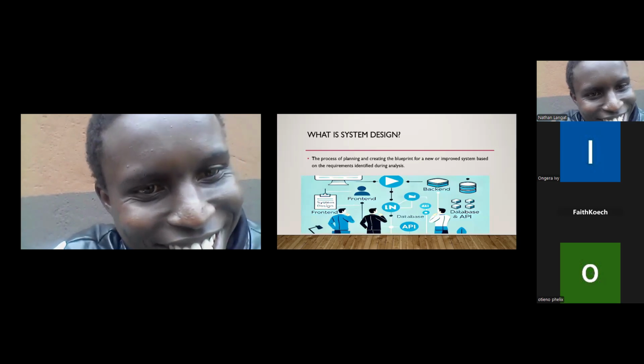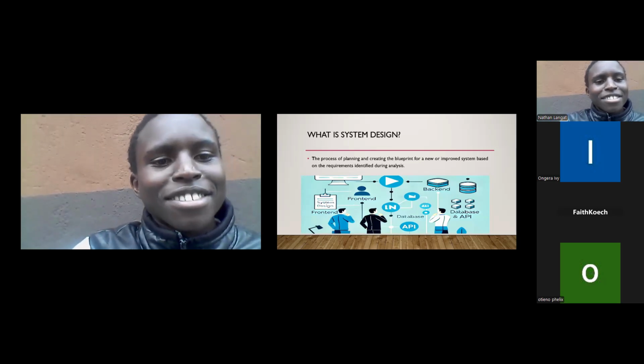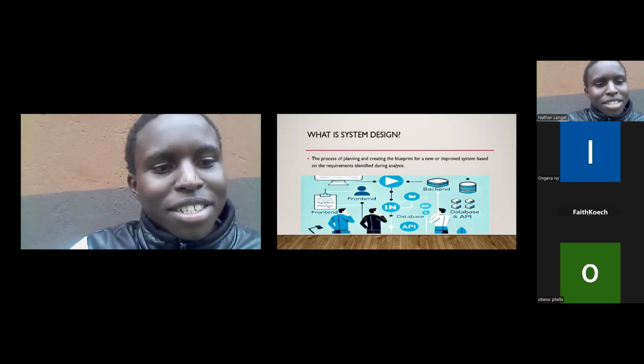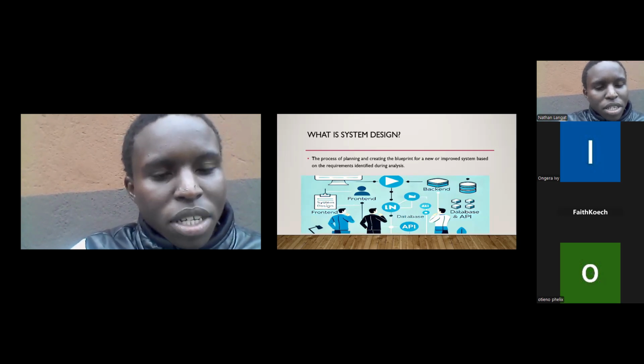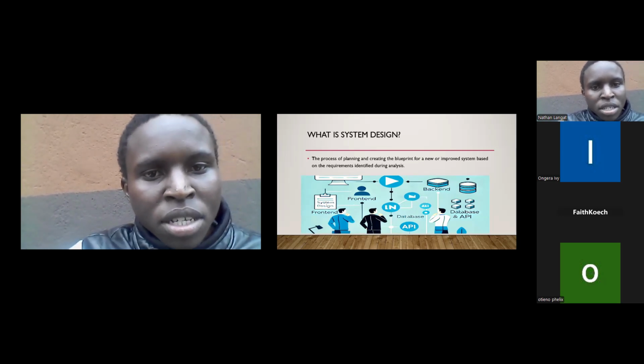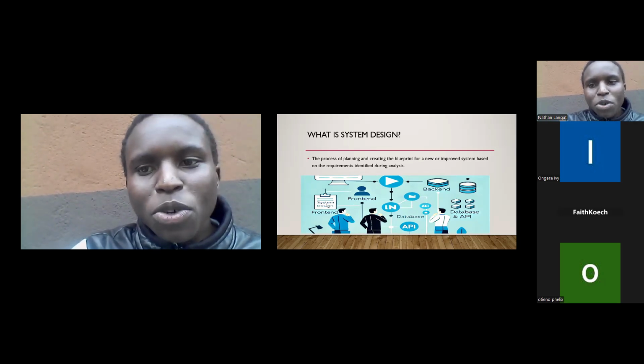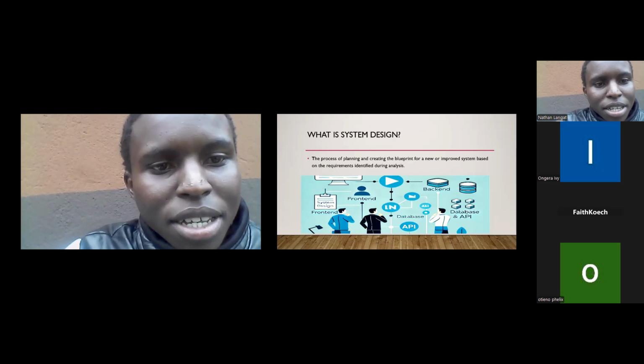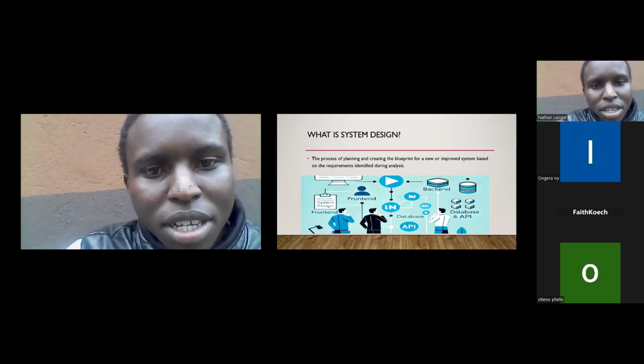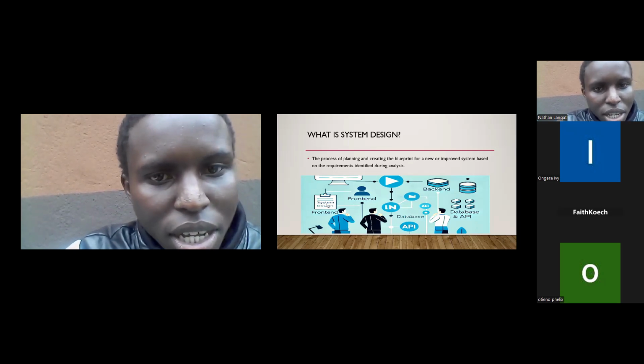What is system design? System design is the how. It is the process of planning and creating the blueprint for a new or improved system based on the requirements identified during the analysis.